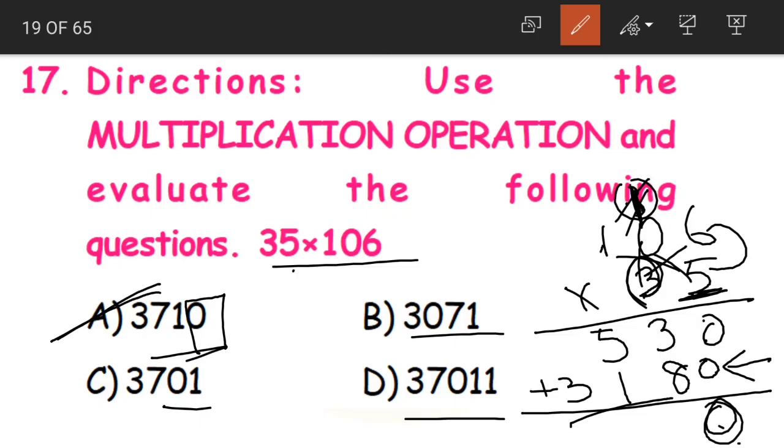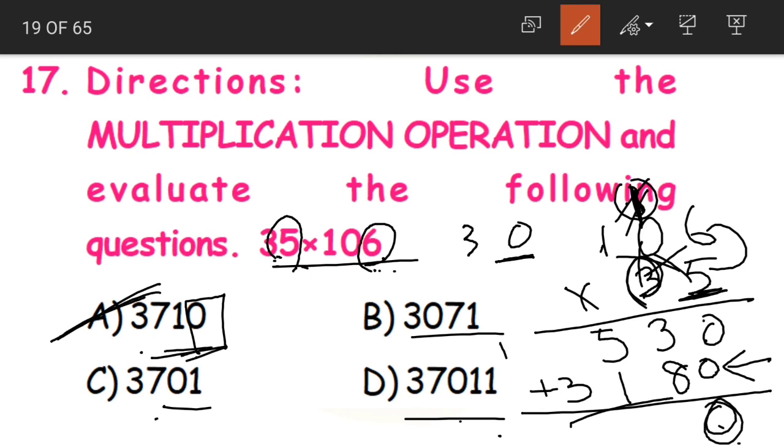Again, if you are smart enough, what you can do here is take the digits in the units places. 5 6s are how much? 5 6s are 30. Now in this product, what number is in the units place? 0. So look at the options and tell me which number has 0 in the units place. Option A. So option A will be the correct answer. Understood?